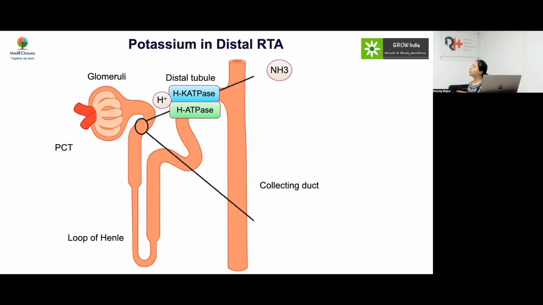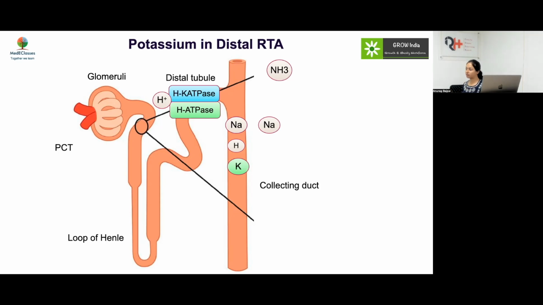Interesting is potassium homeostasis in distal RTA. As we've already seen, potassium and proton have an antagonistic action. In RTA, because you cannot exchange sodium for proton, you will end up losing more potassium in urine to exchange for sodium. Moreover, these children also have an occult volume deficit, which results in RAS activation and exacerbation of this hypokalemia.